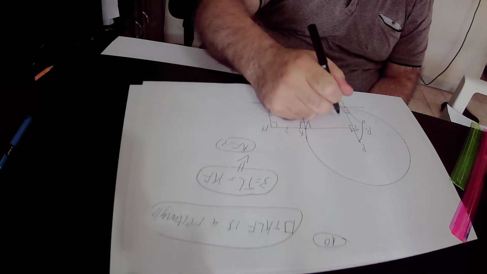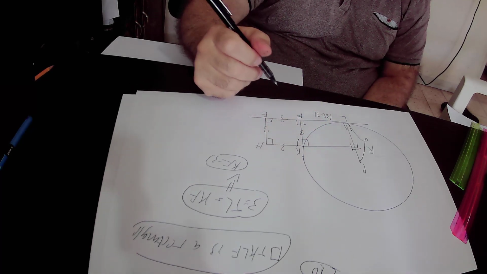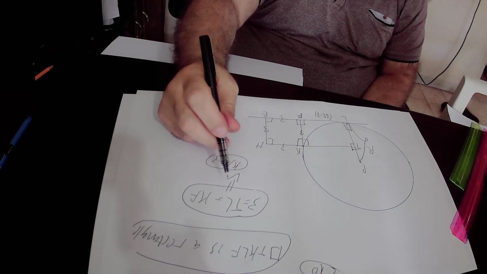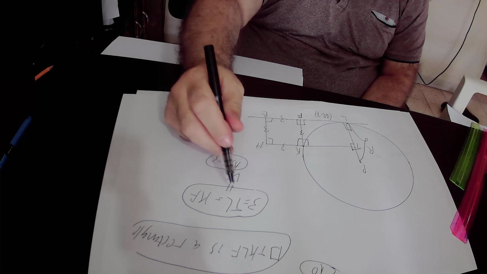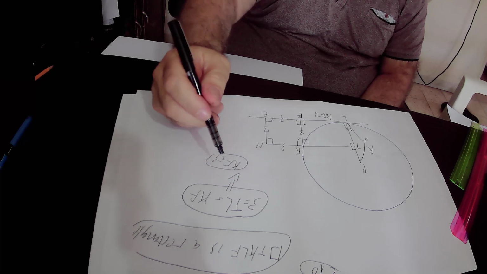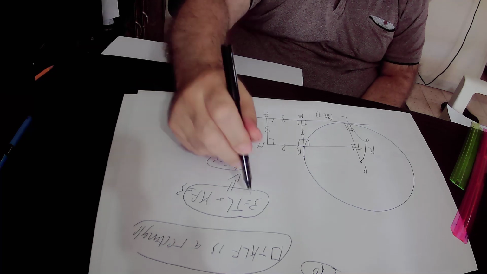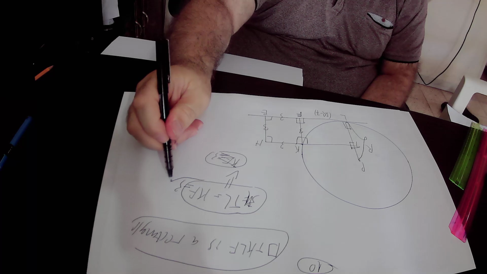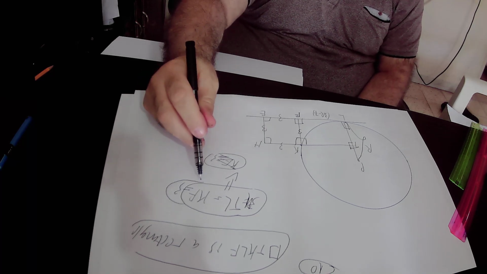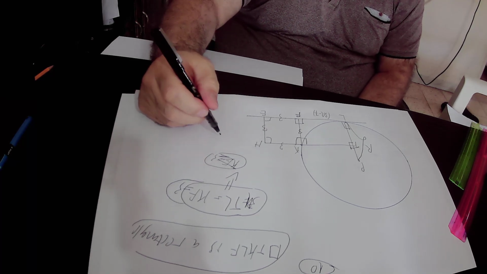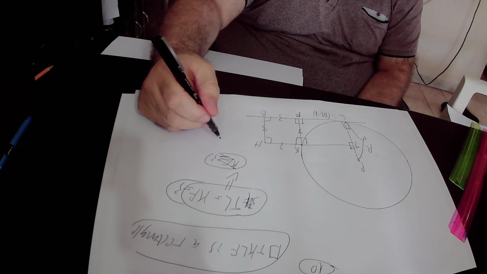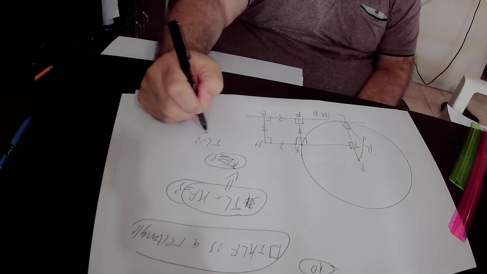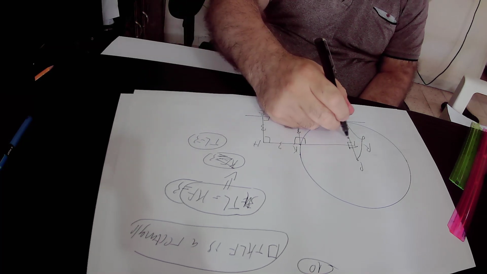Here KF equals 3. We know that KF equals 3. From this equation, TL equals KF equals 3, we derive that TL is also 3. Here TL equals 3.